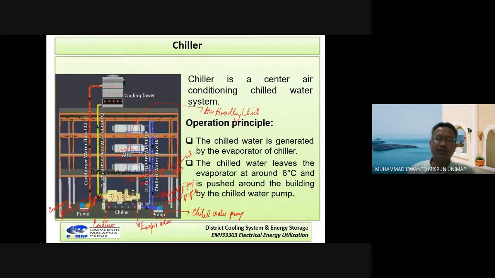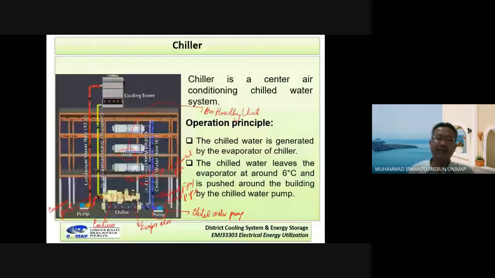But not all of it: through a valve or compressor, it is pushed into the condenser, where the temperature becomes higher compared to before.